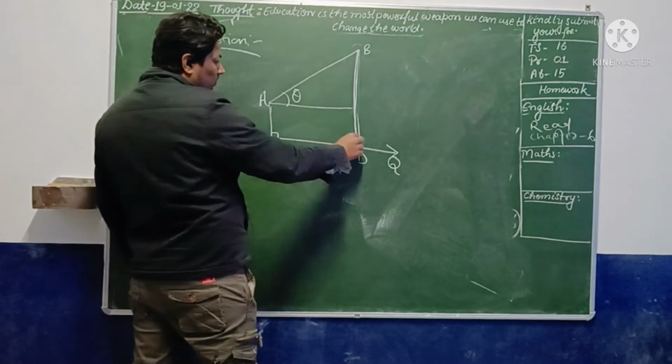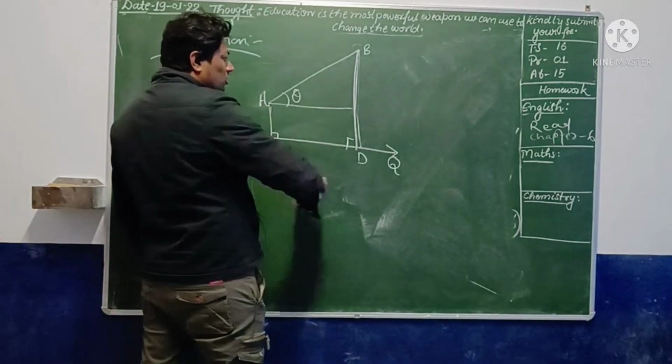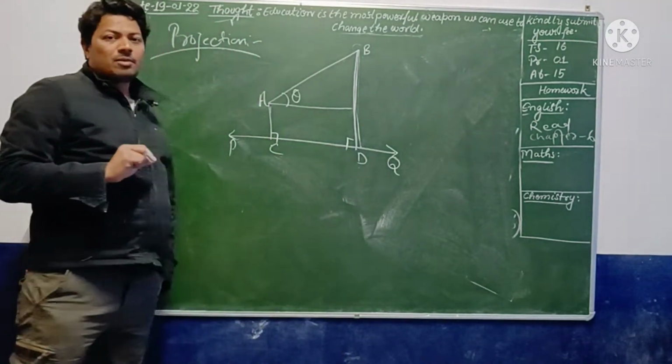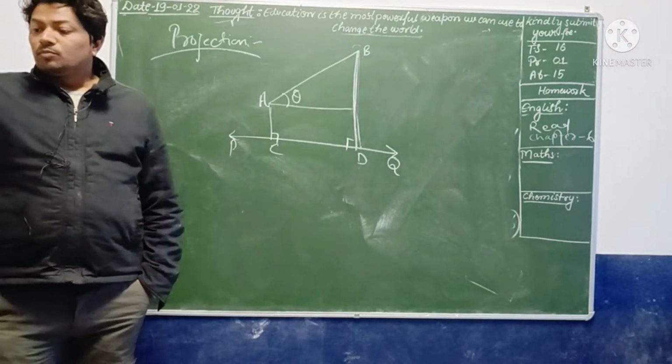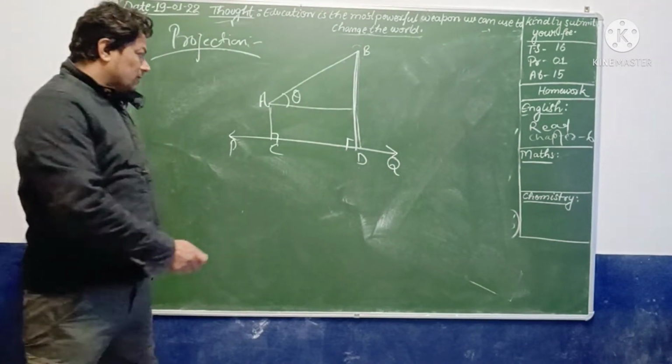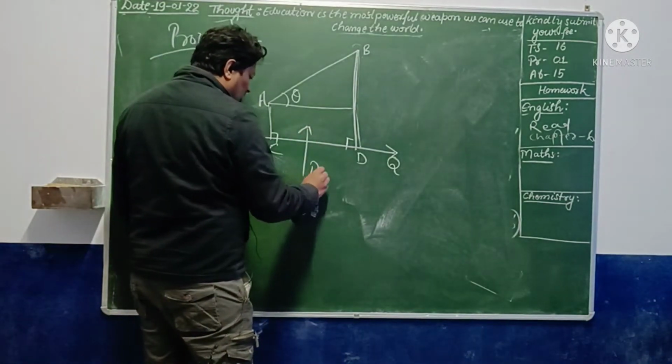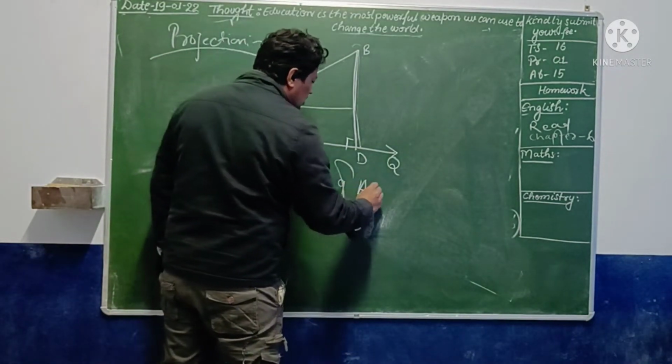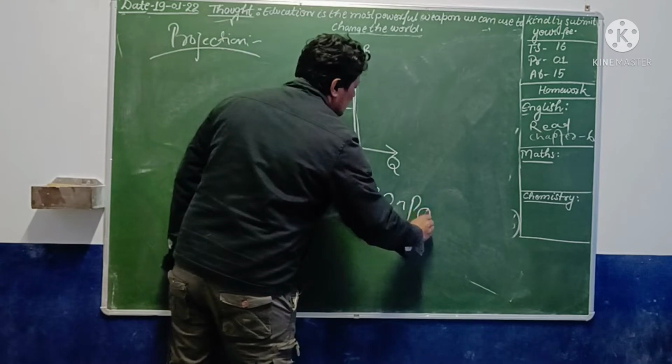This one is the foot of the perpendicular. So what is your BD? The projection of AB on PQ. Whose projection?